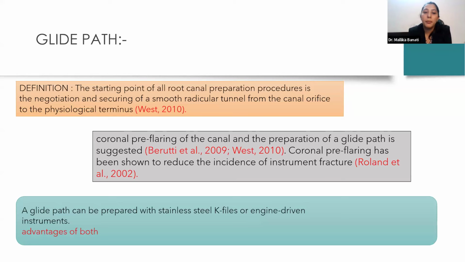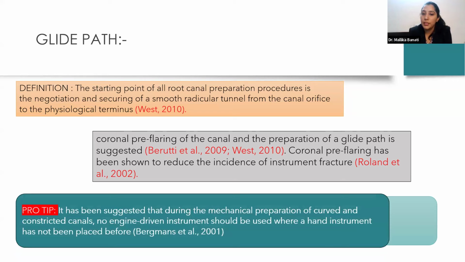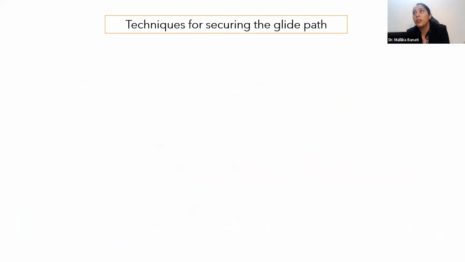A glide path can be prepared with a stainless steel K file or an engine driven instrument as well. It has been suggested that during the mechanical preparation of curved and constricted canals, no engine driven instruments should be used before a hand instrument has been placed. Now, if you have a curved canal, and believe you me, with my experience, if you have an S-shaped canal, always go for a lateral compaction, or maybe a hand ProTaper.